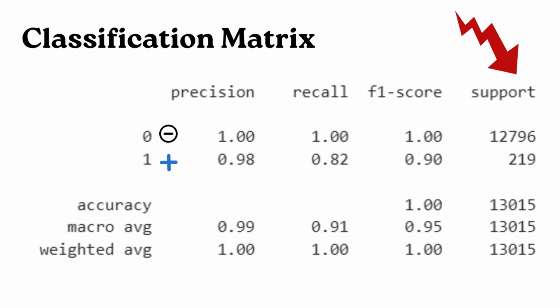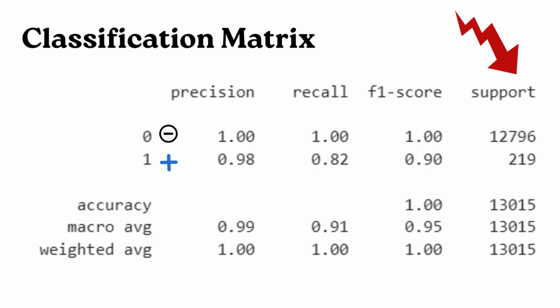All are 1 for the negative cases. Then on the positive cases, which is the second row, there is a 0.96 precision, 0.82 recall, and 0.9 F1 score. This is how you have to read this classification report.